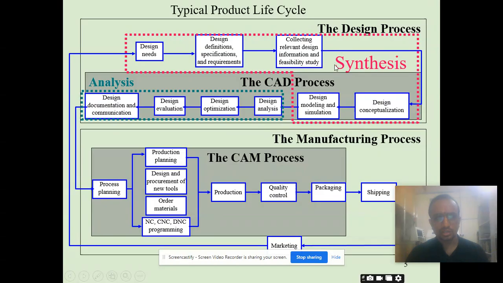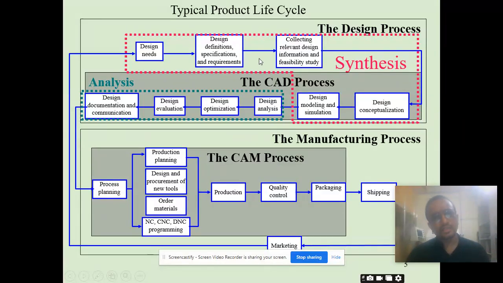In the design process, what is the starting point? For any product, the starting point is the need of the designs. Need of the designs means what? We first of all identify or recognize the needs from the market, and based upon that market, we'll design our product.